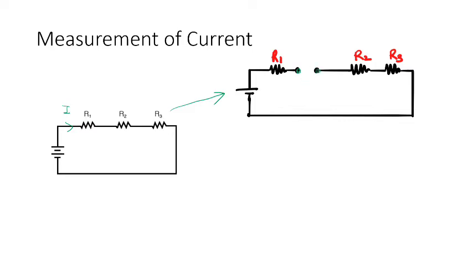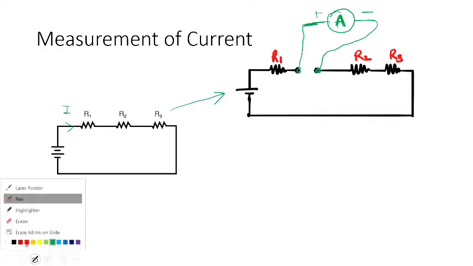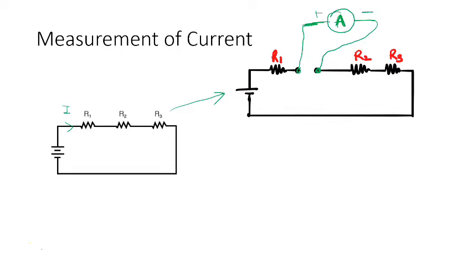Okay. So after breaking the circuit, let us suppose this is an ammeter and it has two probes, positive and negative. So positive probe will be connected in this manner and negative probe will be connected in this manner. Now you can clearly see that the ammeter is in series, or you can say that the ammeter is part of the circuit.